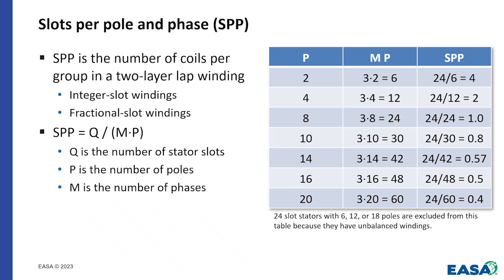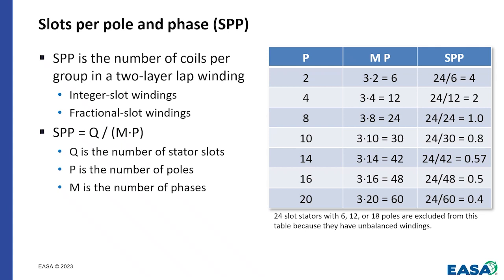We're going to try not to crunch too many boring numbers, but to put in perspective what we're dealing with. On the right, we're representing a 24-slot stator. In an induction machine, that would generally be something really small, but the numbers work out, so that's what we're going to use as an example.